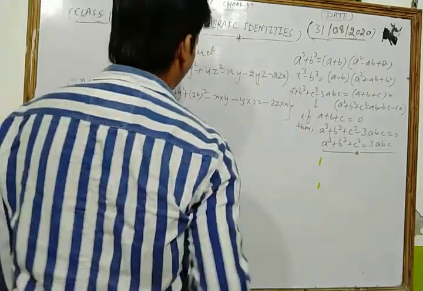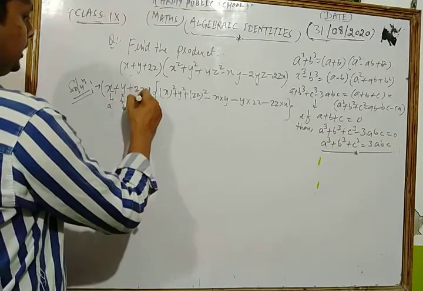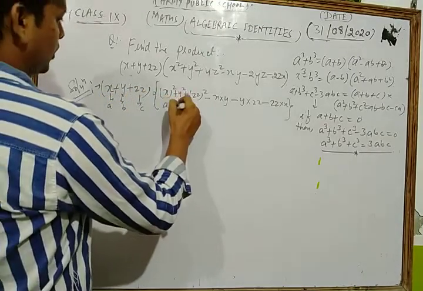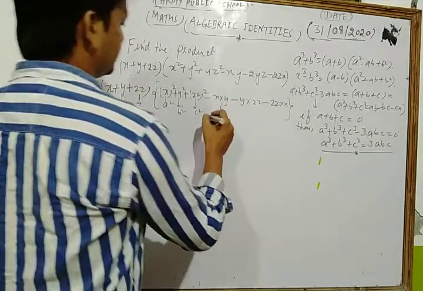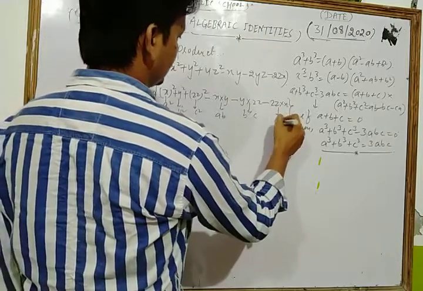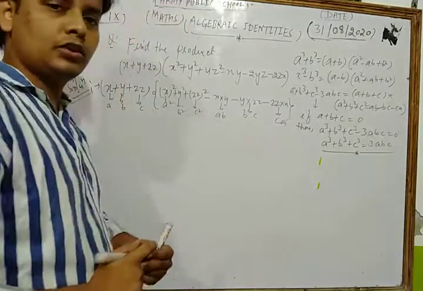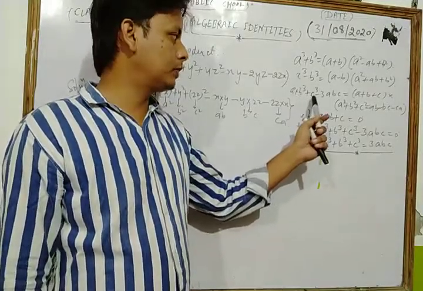Dear student, this is the identity. Based on the identity, this is a, b, c; this is a square, b square, c square, minus ab, minus bc, minus ca.